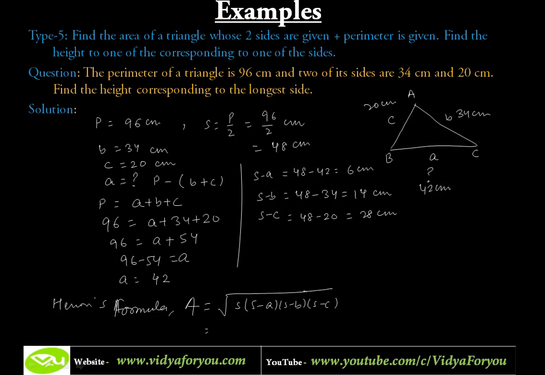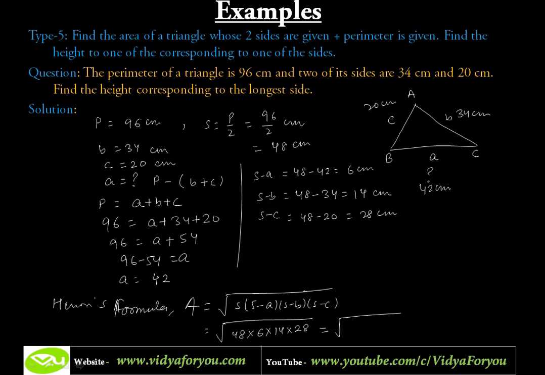So just put the value over here, 48 into 6 into 14 into 28. Just try to find this value. Never ever try to multiply everything in one shot and try to find the square root which you studied in 8th standard. Just try to simplify it.